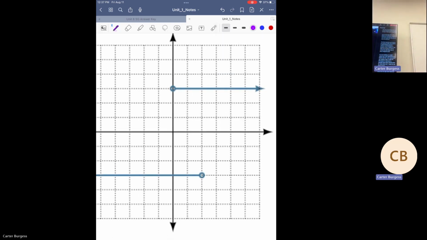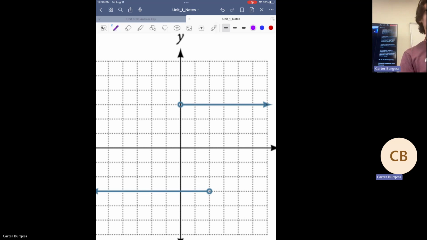The only problem with 0 in this case is if you look really closely, it's got that open dot. What that open dot means is you want to include everything that's really close to 0 without actually including 0 itself. So when x equals 0, it's not referring to this upper line, it's exclusively referring to this lower line. Yeah, that dot is open.